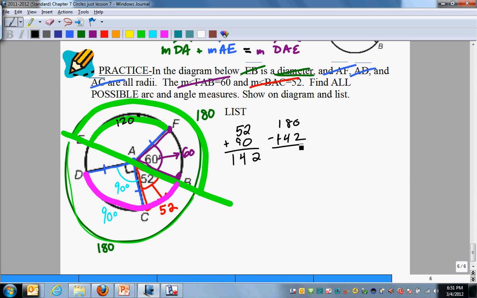And of course we get 38. So this angle right here is 38, which means this right here is 38. So now you can see how you can find all the arcs and angle measures using measure of a central angle to its arc the same, and then using the diameters as well.